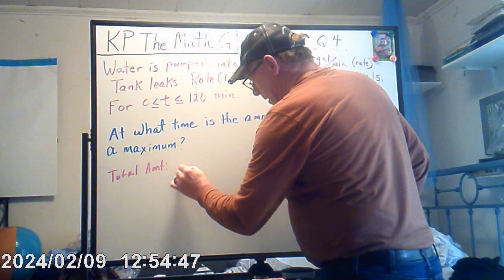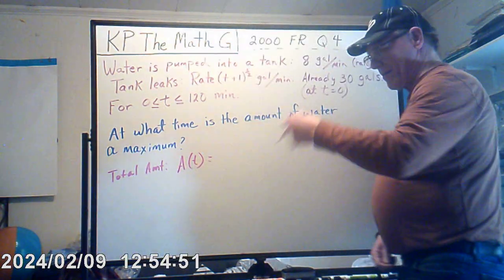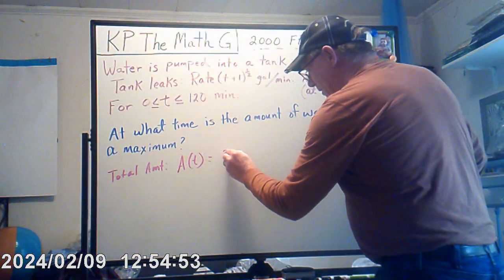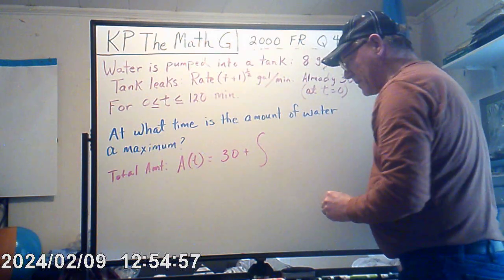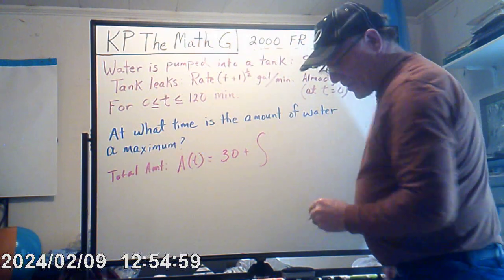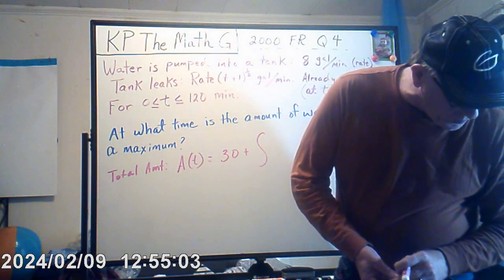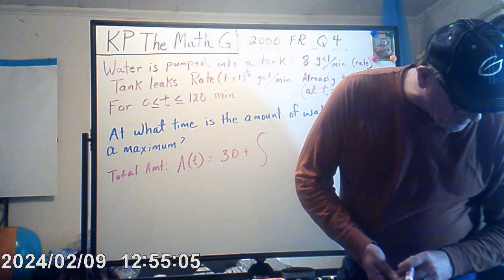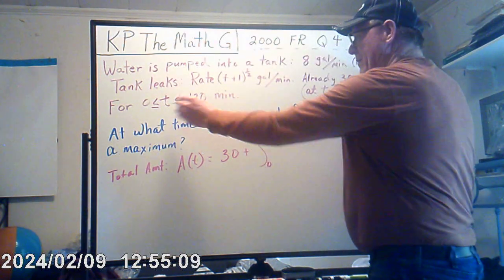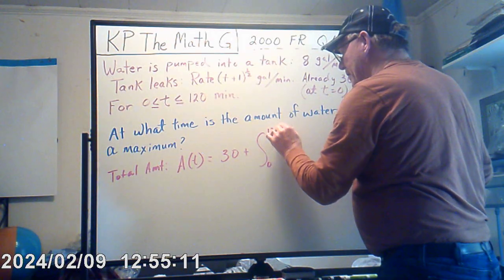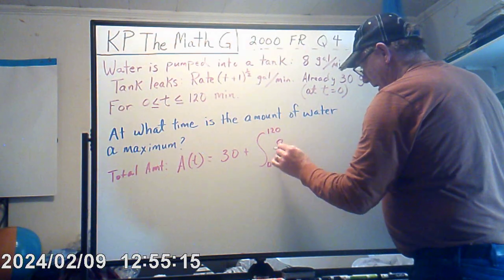So we'll say A at t is 30 plus the integral from 0 to 120.